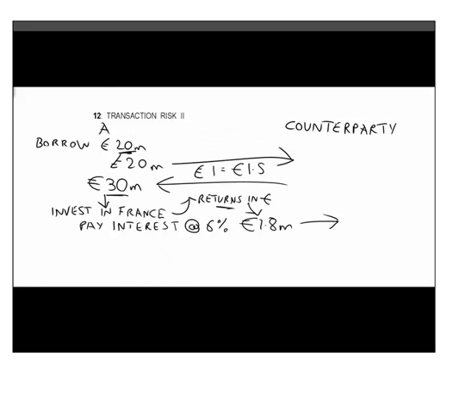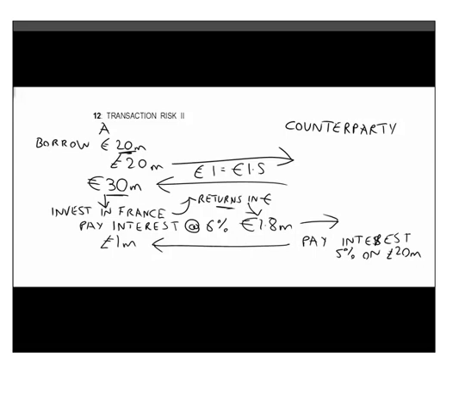Now, in exchange, the counterparty will pay A interest on the £20 million that A has swapped into the counterparty. So the counterparty will pay interest at 5% on £20 million. 5% of £20 million is £1 million. So A is going to receive £1 million.